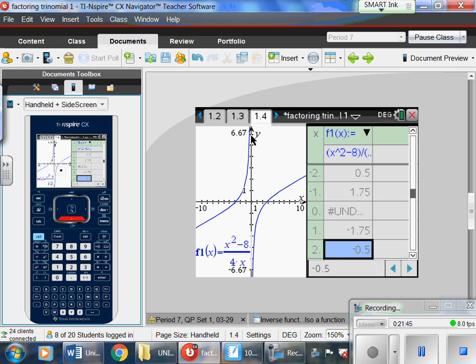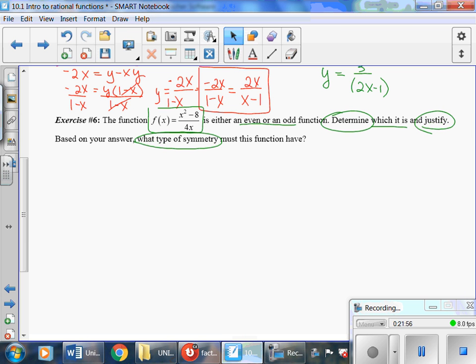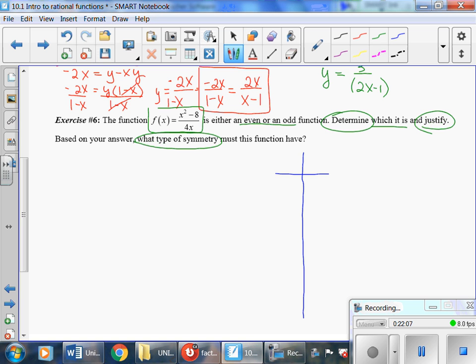So which type of function, even and odd, gives me opposite inputs and opposite outputs? Do you remember? Yeah, that would be odd, because even functions give you the same outputs. So in this case, let's just quickly jot down what that table looks like.